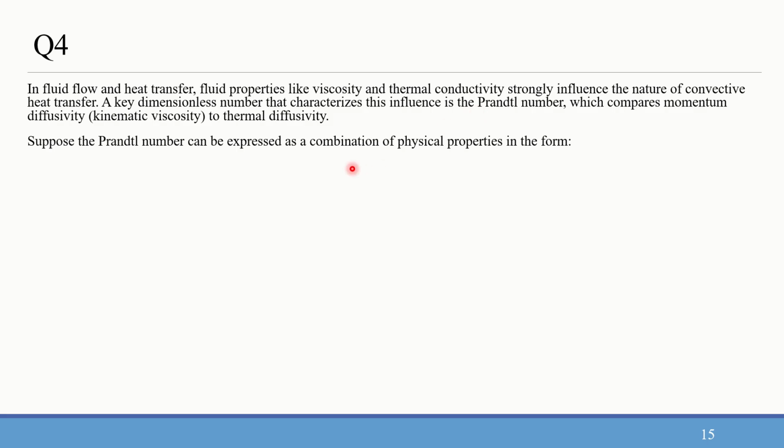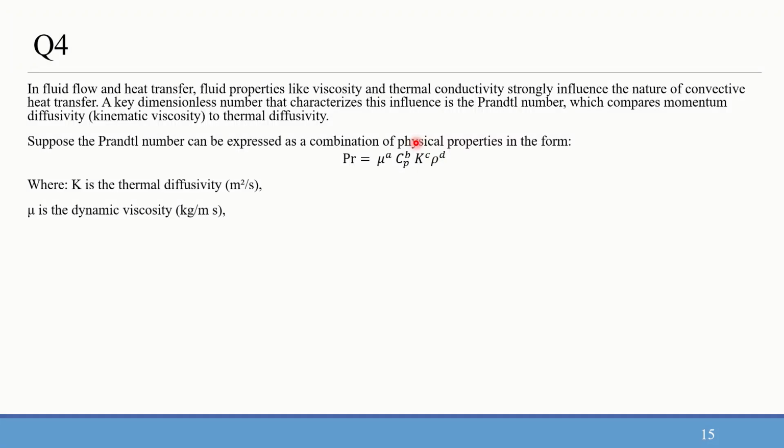Suppose the Prandtl number can be expressed as a combination of physical properties in the form Prandtl number is equal to mu power a, Cp power b, k power c, rho power d, where mu is the dynamic viscosity, Cp is the specific heat at constant pressure, k is the thermal conductivity.